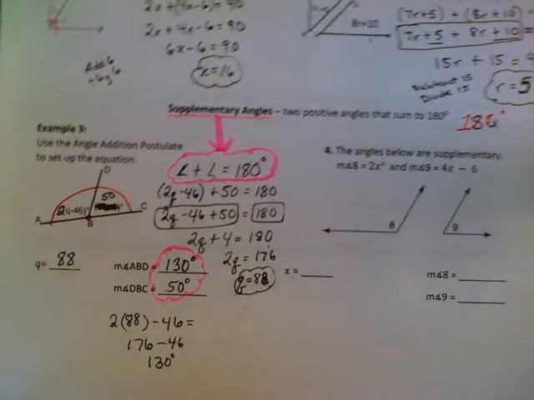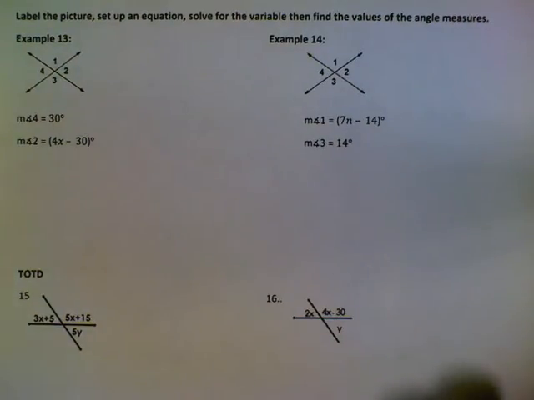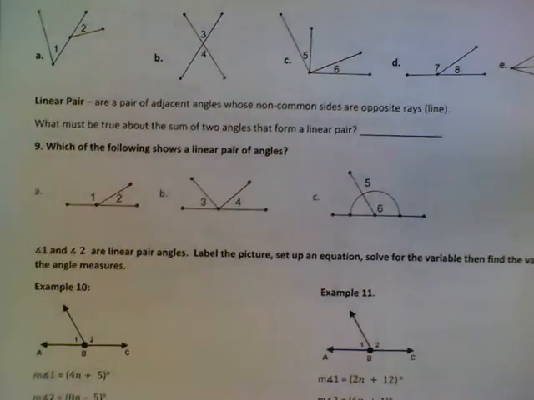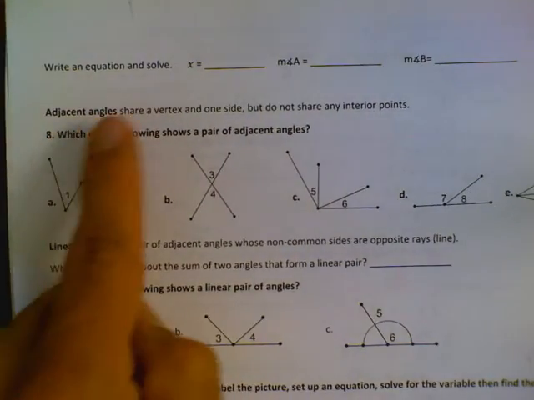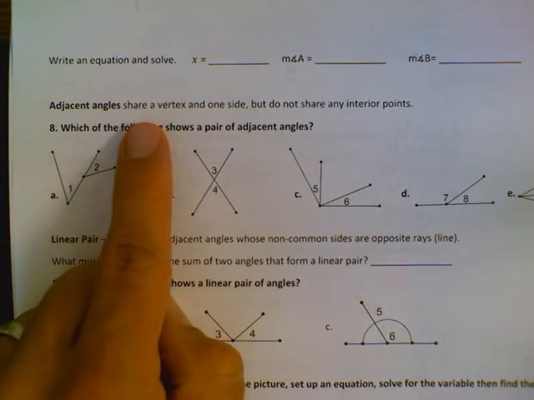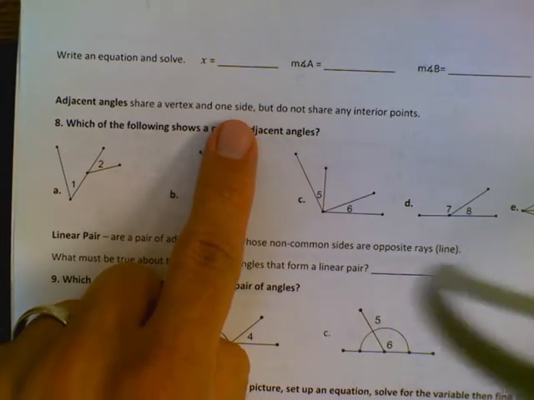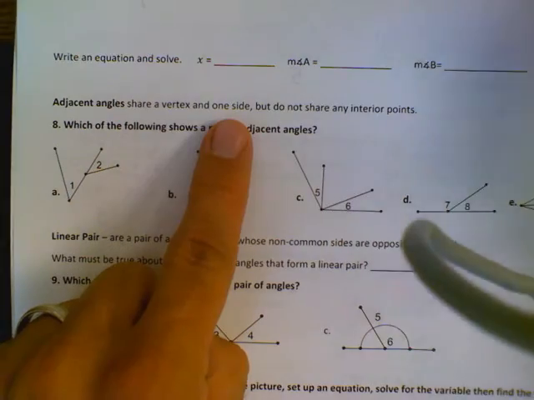So if they share a side, there's actually a word for that, and that word is adjacent. Okay? So let's go down to this word right here, adjacent angles. Adjacent angles share a vertex and one side, but they do not share any interior points.